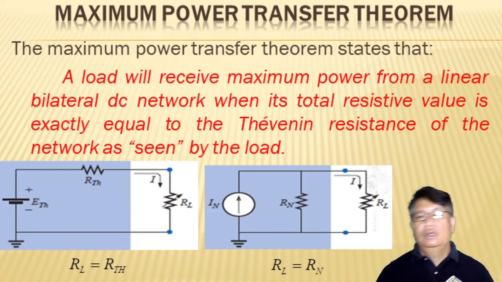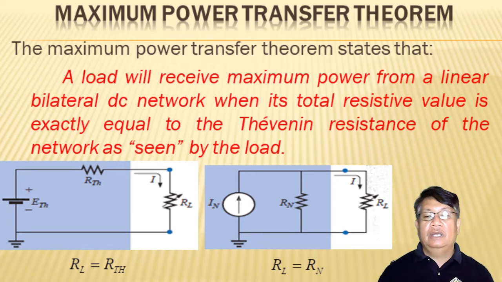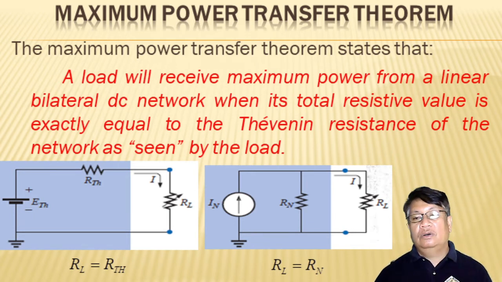According to our definition, it states that a load will receive maximum power from a linear bilateral DC network when its total resistive value is exactly equal to the Thevenin resistance of the network as seen by the load.